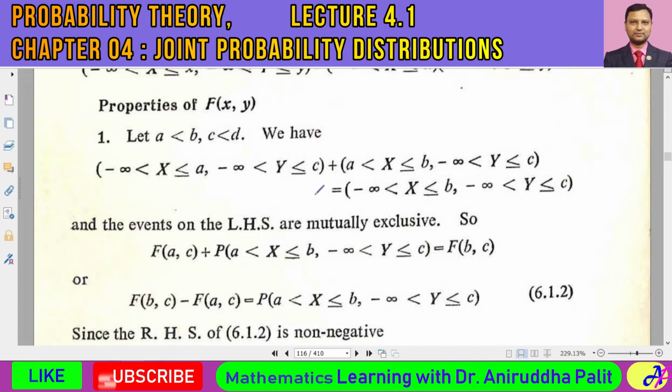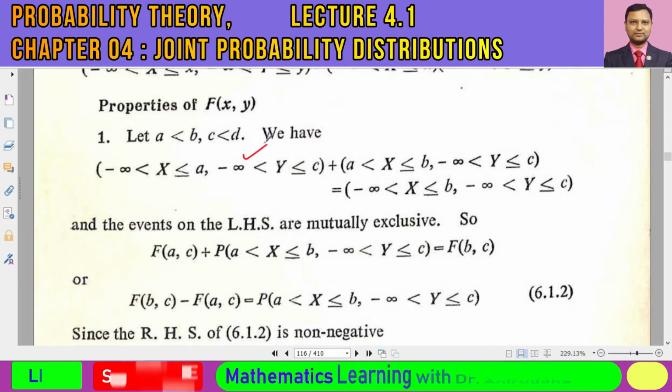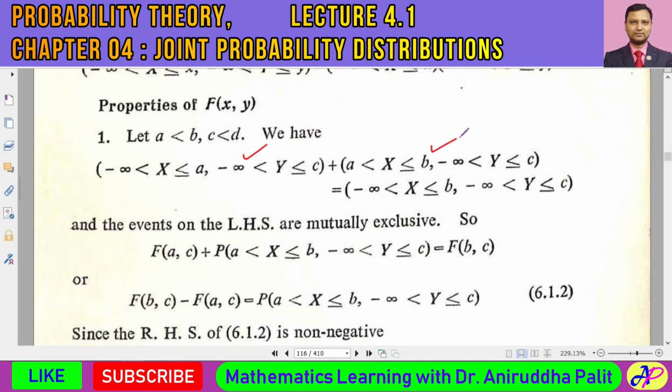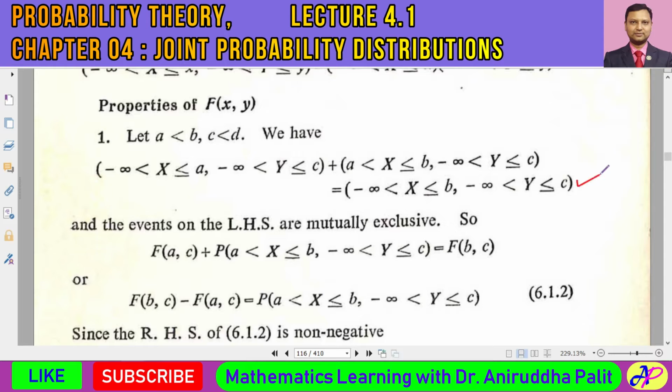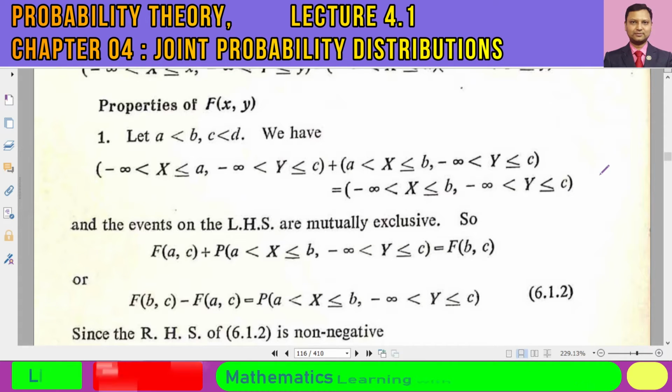The first zone is represented by this inequality, and the second zone by this kind of inequality, and their total union has been represented by this summation symbol. This is a mutually disjoint union of two mutually exclusive events.